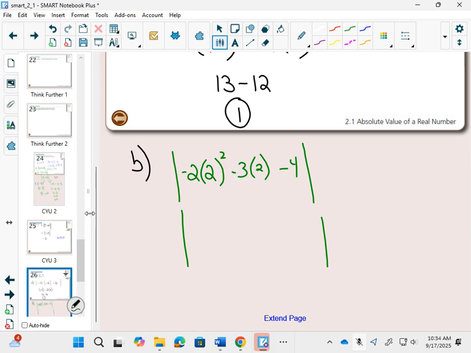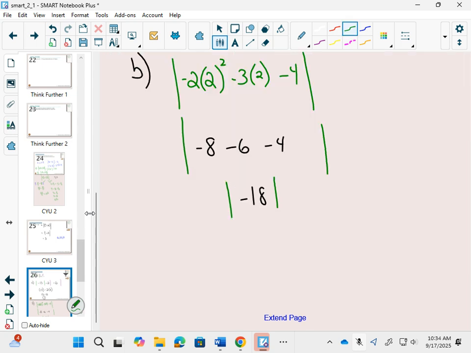And order of operations, 2 squared is 4 times a -3, that'll be -8. -3 times 2 is -6, -4, -8 minus 6, -14 minus 4, -18. And once you have a single number, make it positive. Our final answer in part B is 18.